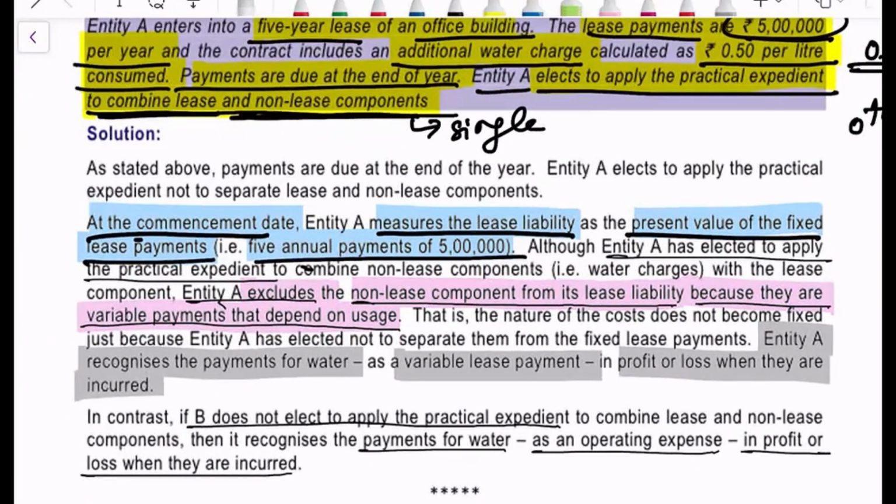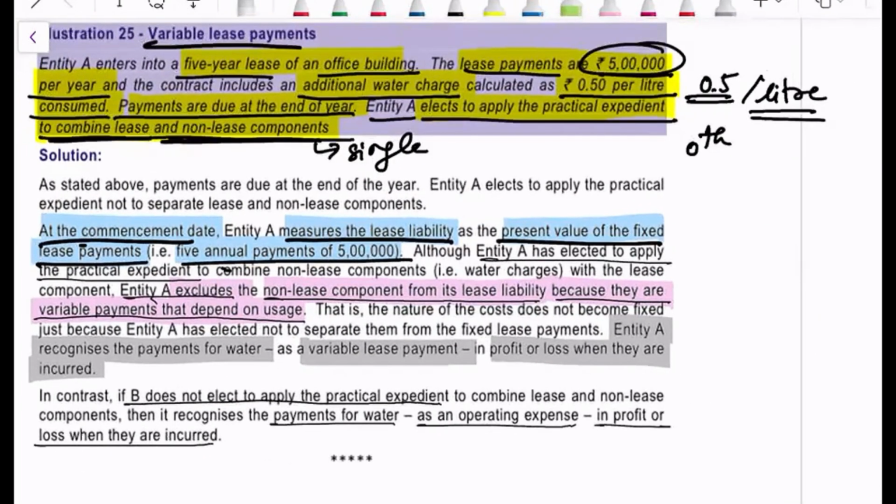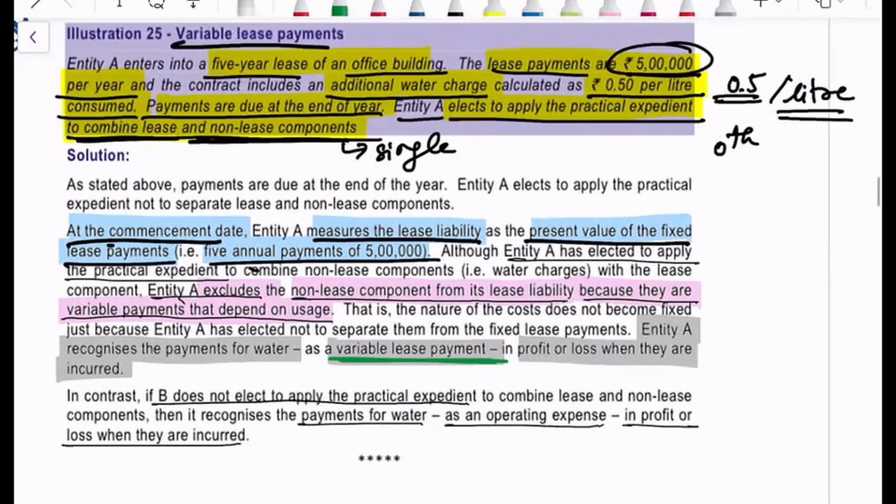Whenever you are taking lease and non-lease components into consideration, and the topic is variable lease payment, if the variable lease payment is dependent on usage, here it is dependent on usage only, correct? But what did I tell you? Whenever the variable lease payment is dependent on usage, you will never take it into your lease payments. You will always record it in your P&L only.